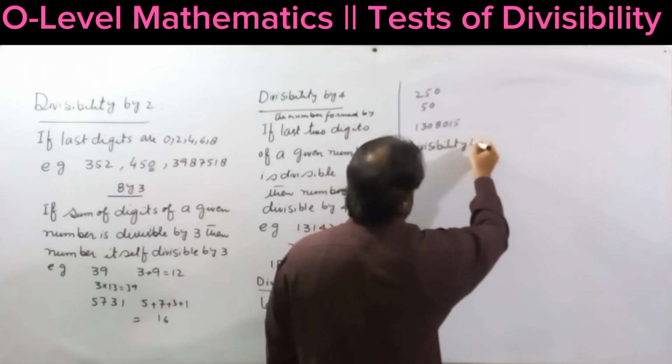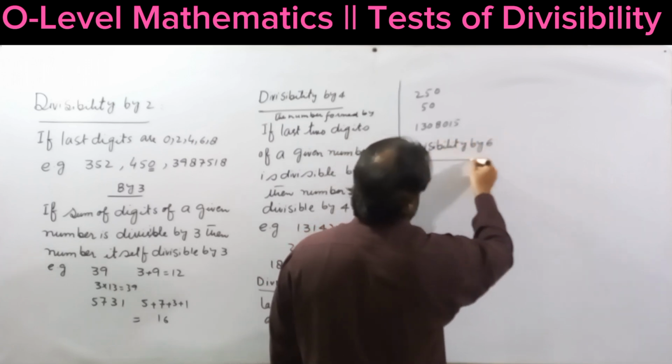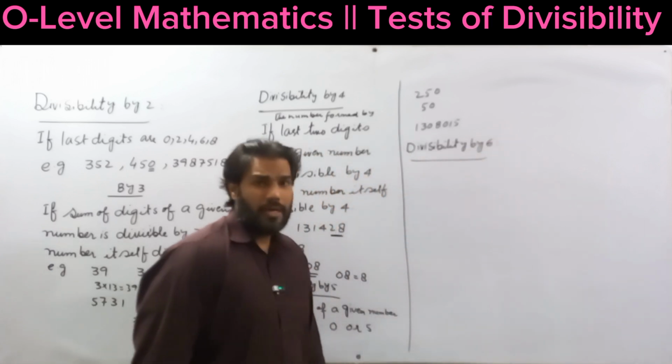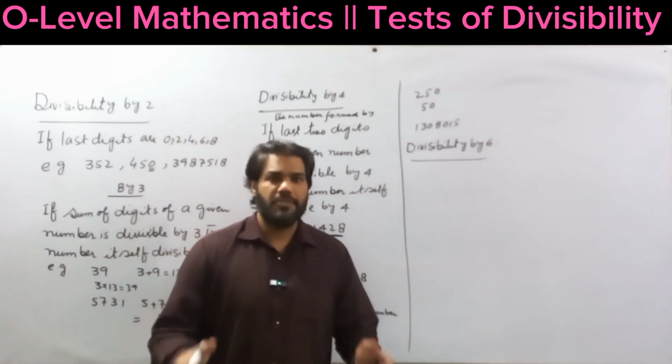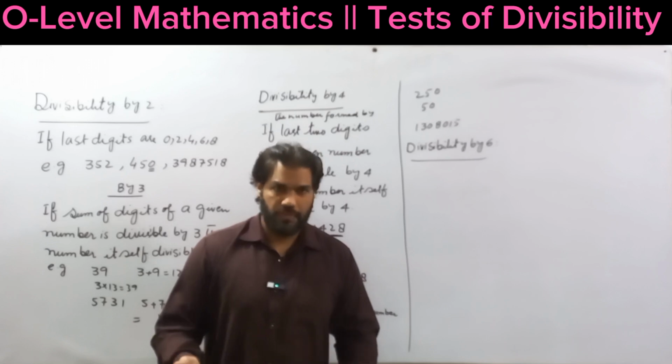Divisibility by 6. A number is called divisible by 6 if it is divisible by 2 and 3 both.